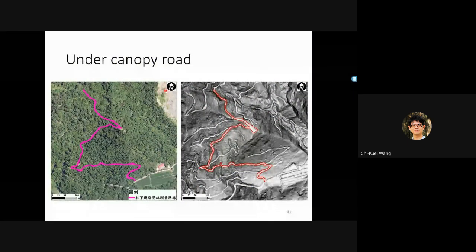With good penetration data, you can see this well-vegetated area, right? If you can take out the canopy, you see all the roads. They are actually very small roads used by farmers.